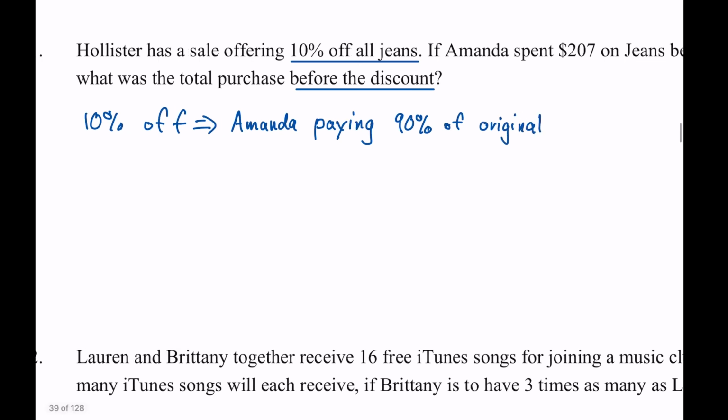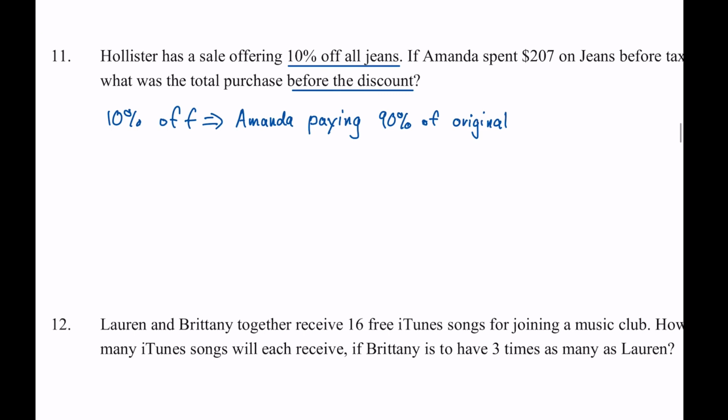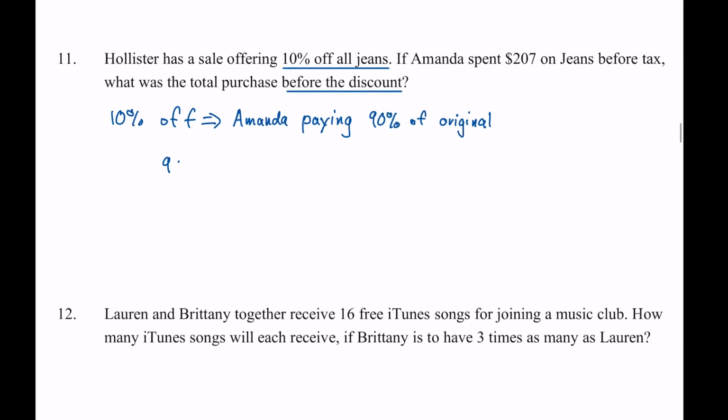So if you look at it this way, what was the total purchase before the discount? The original amount. We could translate this to 90% or 0.9 times some total purchase is equal to what Amanda paid.